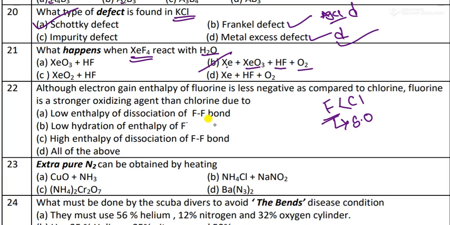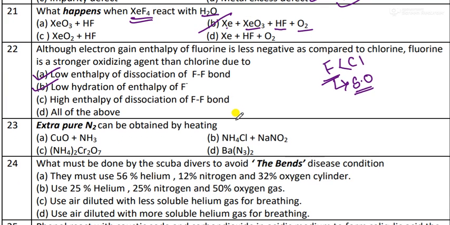Xenon tetrafluoride reacts with water. What is the product? Xenon tetrafluoride reacts with the water molecule to form xenon trioxide, HF plus O2. Okay? HF plus O2 will come only. Question number 22. Although the electron gain enthalpy of fluorine is less negative compared with chlorine, they are saying fluorine is the strongest oxidizing agent.